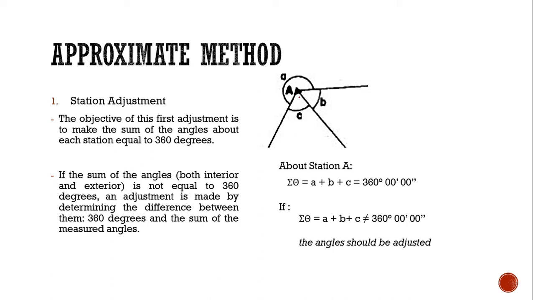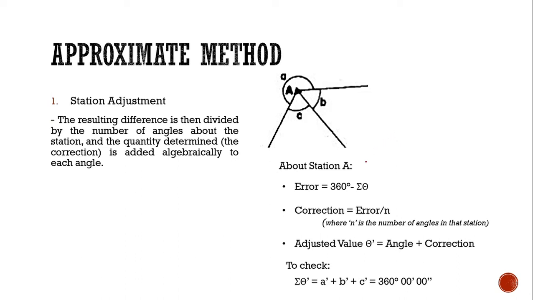We have a figure A here where there is a station A, and station A is composed of three angles because in A here, all the surrounding angles should be equal to 360 degrees, forming a circle. So about station A, the sum of these angles shall be equal to 360, and if it doesn't, then the angles should be adjusted.